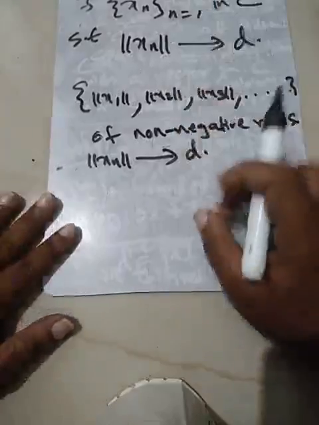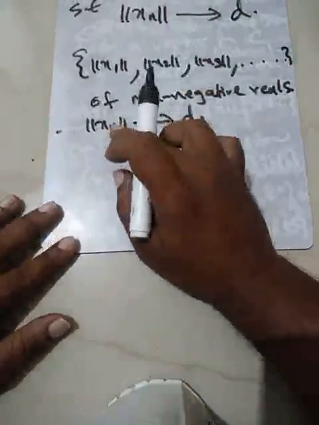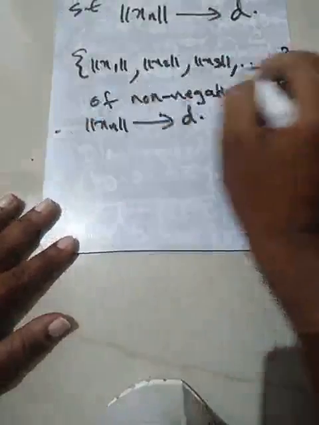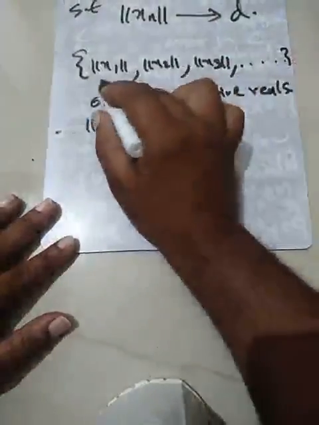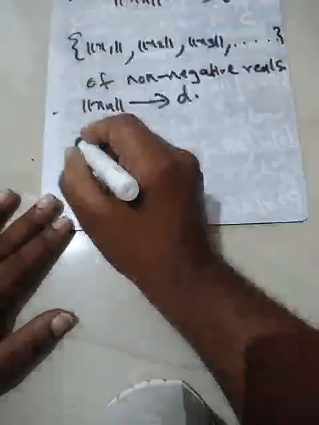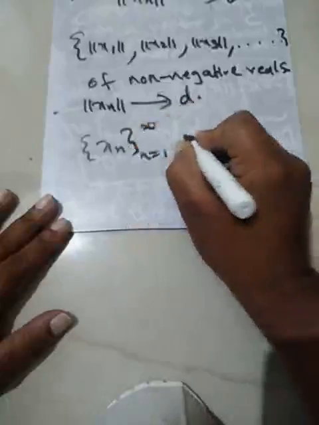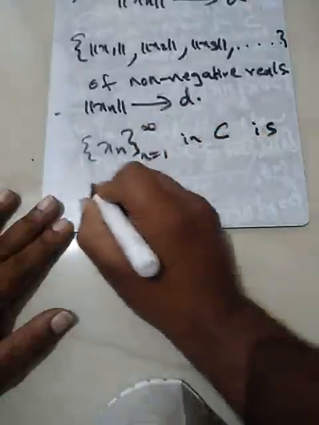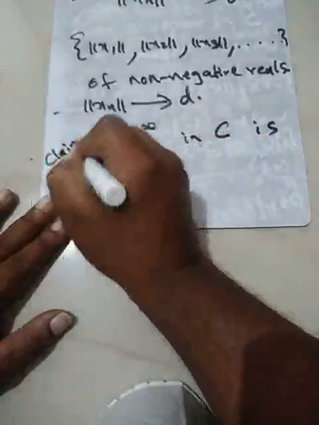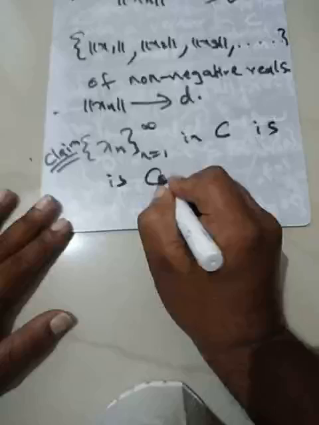So what we will show first: this is a convergent sequence in the norm, so we try to show that in fact xn is also converging. First, our claim is that the sequence xn, n going from 1 to infinity, in C is Cauchy.